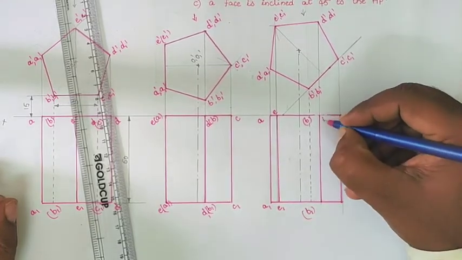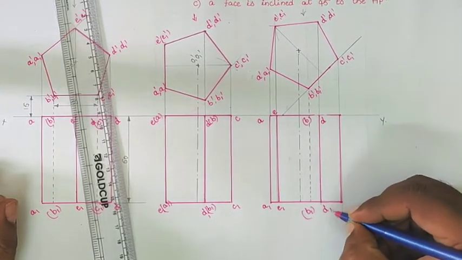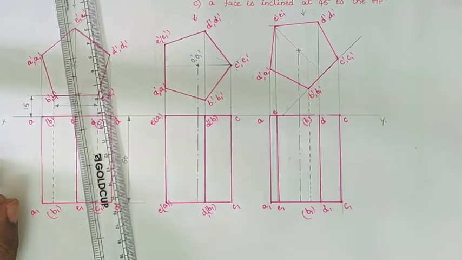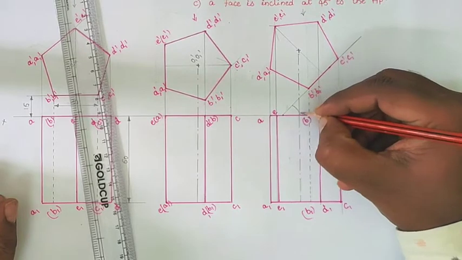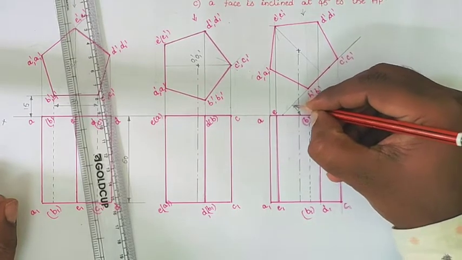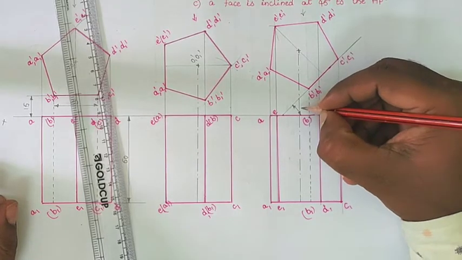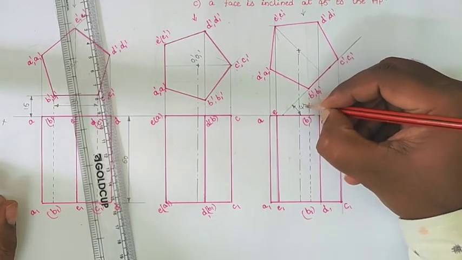So here we will get D, comma D1, and C, comma C1. So like that we will draw the projections. When the axis is inclined, or the base is on the VP, or the edge is on the VP, we'll draw the projections like that.